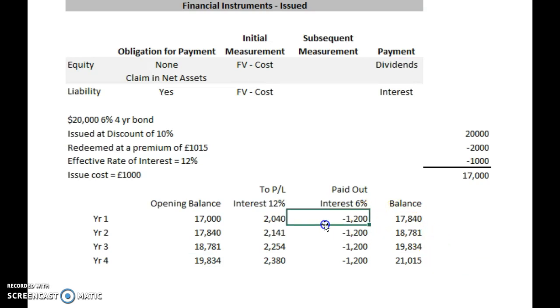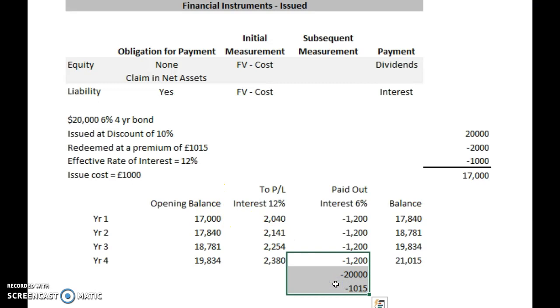So let's have a look. The interest payments haven't changed. That's 6% of 20,000 every year. But what happens in the last year? We need to pay back the principal, and we also need to pay back the premium, which is 1015. So in this period, at the end of the debt, we've paid back a total of 22,215.